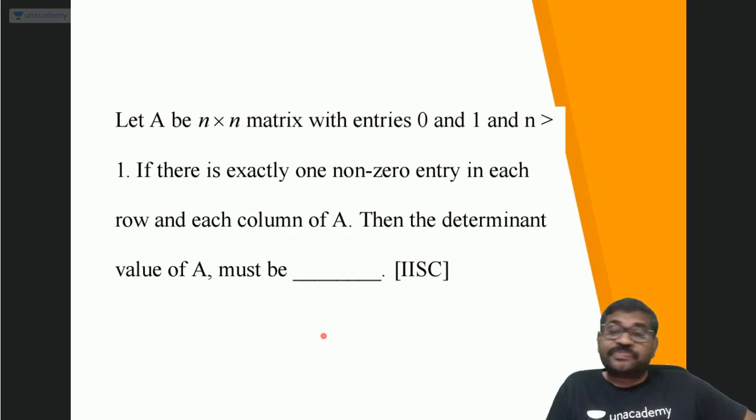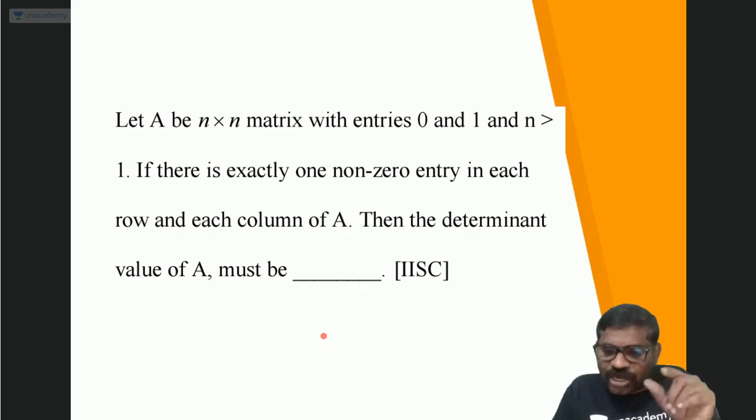Next problem. Let A be n cross n matrix with entries 0 and 1, n greater than 1. N greater than 1 means you should not take 1 cross 1 matrix. You have to start from 2 cross 2 onwards.